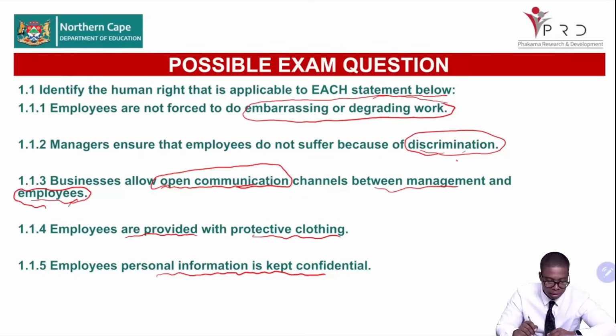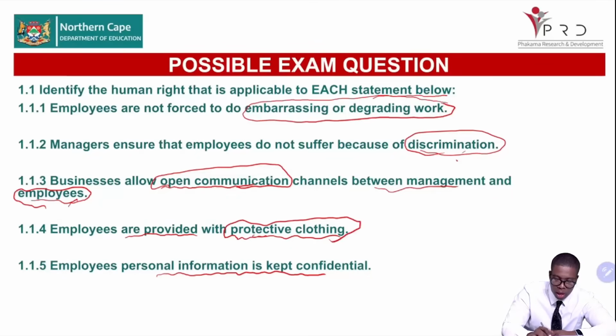And these are businesses that we want to see. And then employees being provided with protective clothing is also talking to a human right being applied. So when you check that, we'll then say with the right that talks to employees not being embarrassed or being degraded, it talks to what? It talks to the right to dignity.